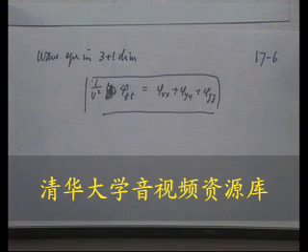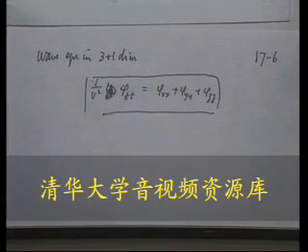Before 1865, there was the science of optics. There was, and it was already known, people had already measured the velocity of light, and it turns out to be approximately the value we have today, which is 3 × 10⁸ meters per second.